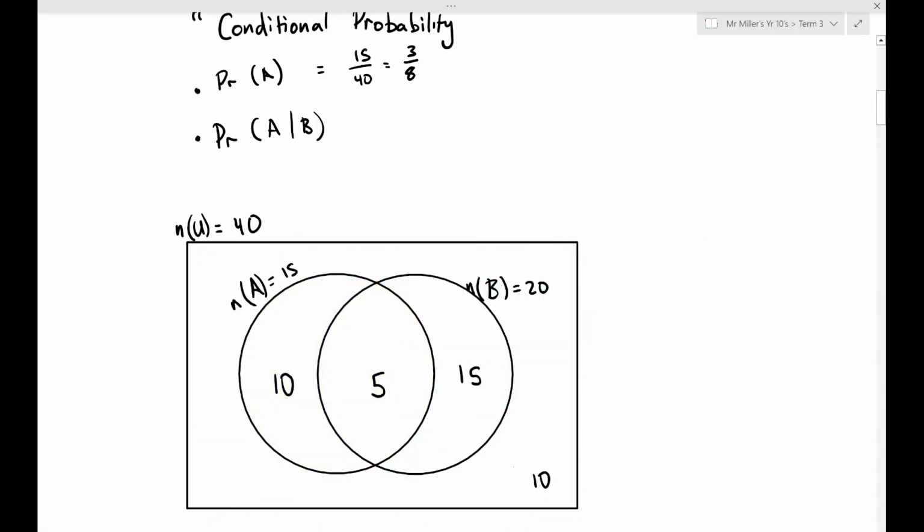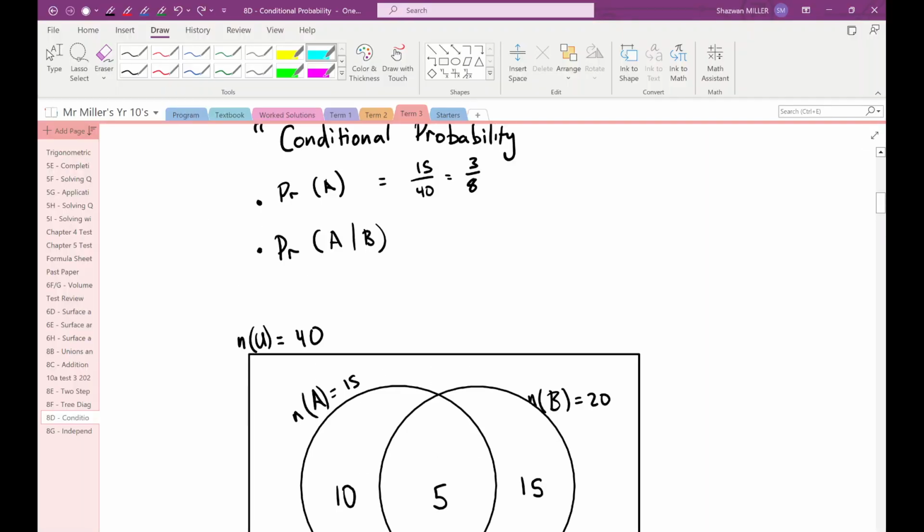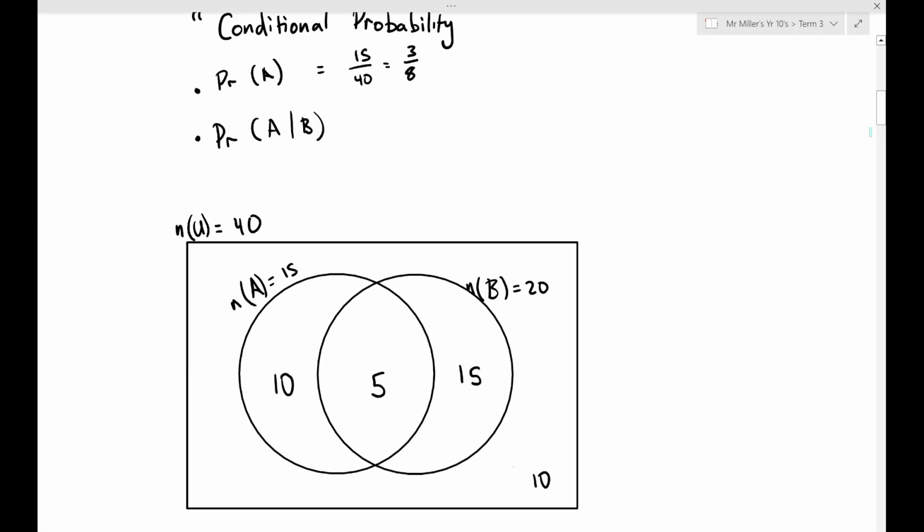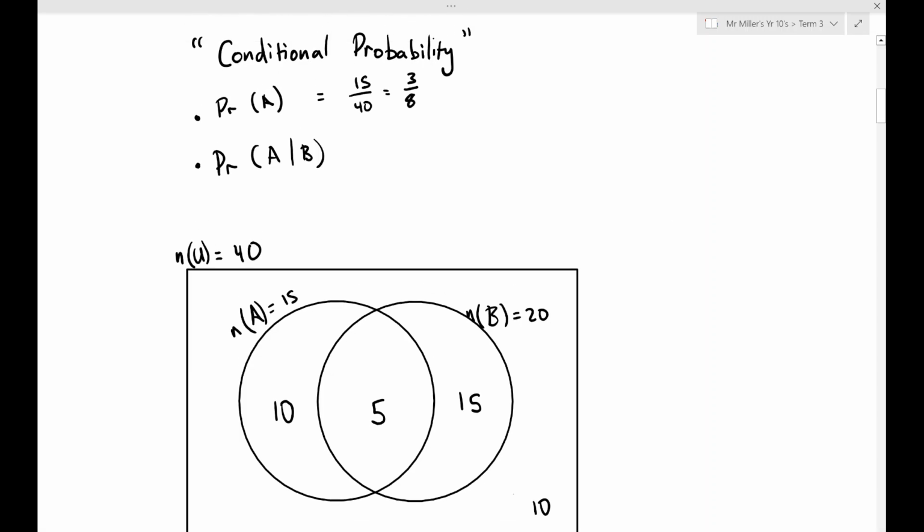If I were to ask what's the probability of A given B, well, now let's think: out of what? A given B, so we're only considering options where we achieve a B. Let me start again.